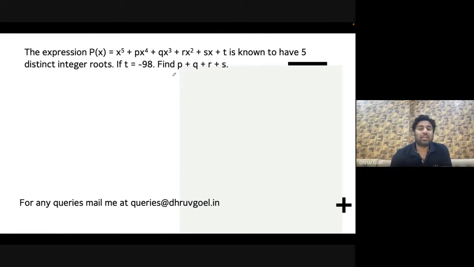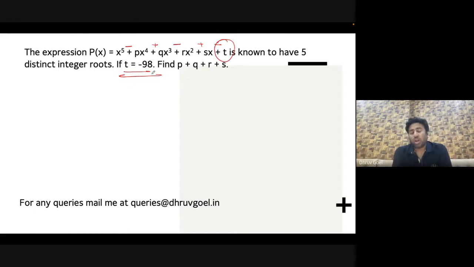So I would say the signs will be like minus, plus, minus, plus, minus. And t is given to me as minus 98. So from here, I can say the product of roots, that is five roots, should be positive 98, because t is always coming out to be minus 98.